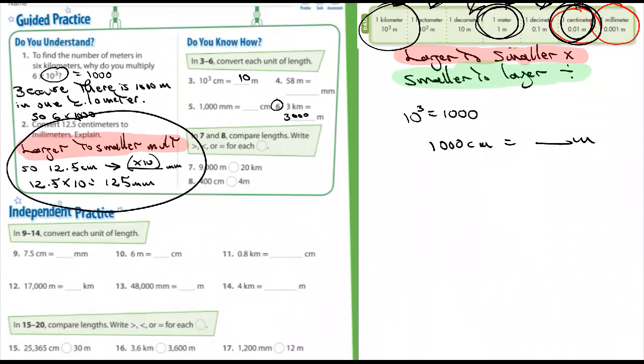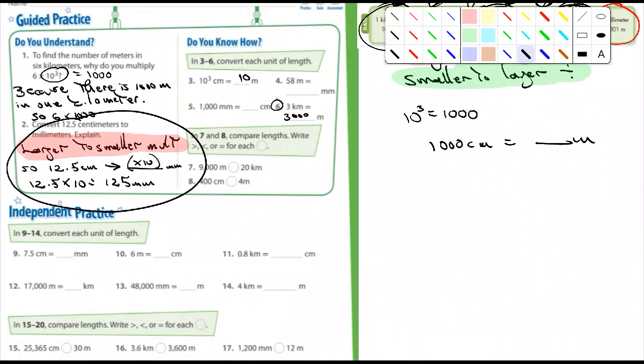Let's look at 7 and 8. It says 9,000 meters is greater than, less than, or equal to 20 kilometers. Well, we know it's not equal to because they're two different numbers. So 9,000 meters, well, how many meters are in a kilometer? We just talked about that. There's 1,000 meters in 1 kilometer. Did you say 1,000? I thought you said 10.